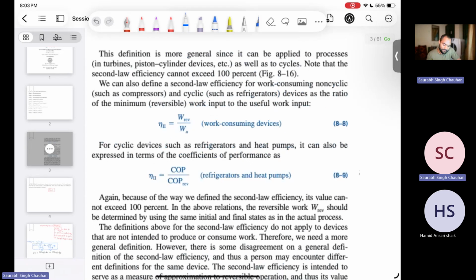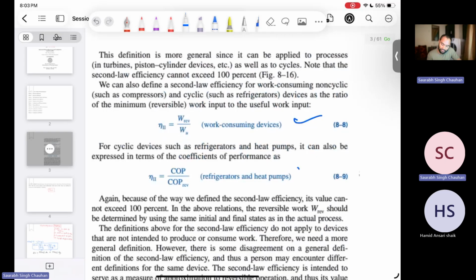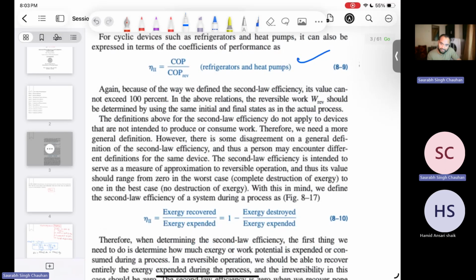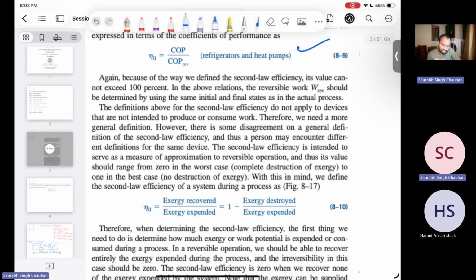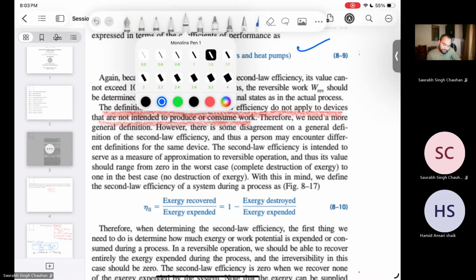There are some definitions of second law efficiency, and this is from Cengel's book. It is also saying that the definitions above for the second law efficiency do not apply to devices that are not intended to produce or consume work. So according to which type of device you are working with, your definition will change.